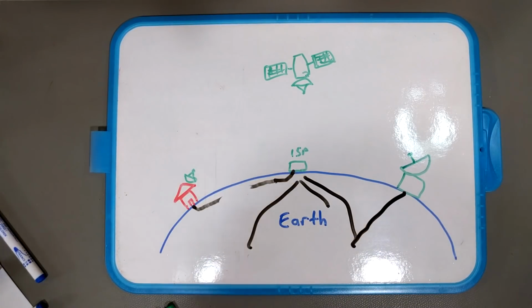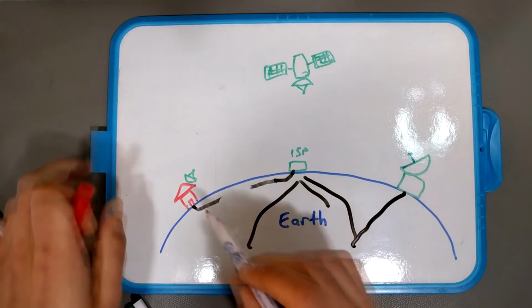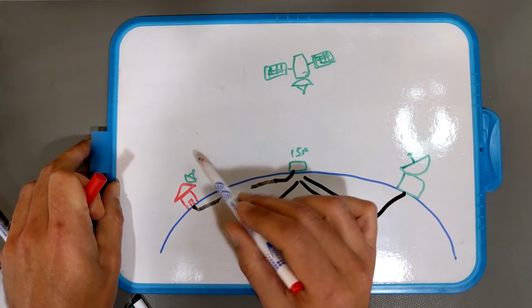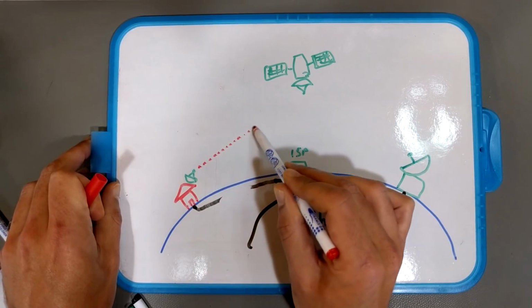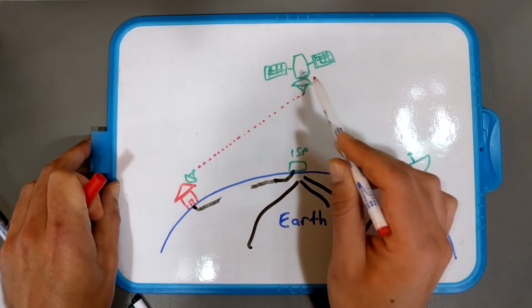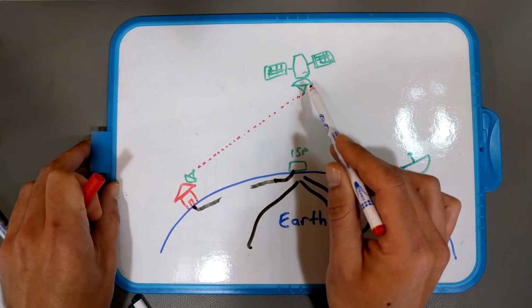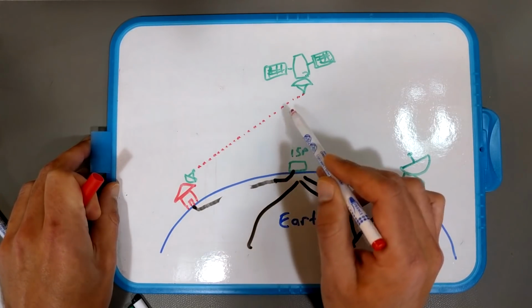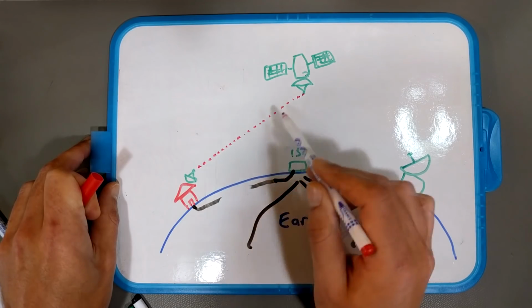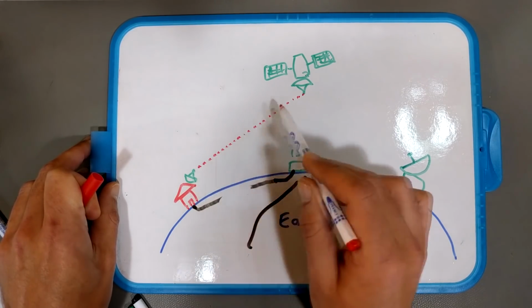So the way that satellite internet works is you try to get a web page, and it actually has to use radio waves and beam the signal way up here to the satellite. Now, this satellite is way above Earth. So it takes a long time for that signal to reach here. Because it's a radio wave, it can be tens of gigahertz. But it's going to take a long time.